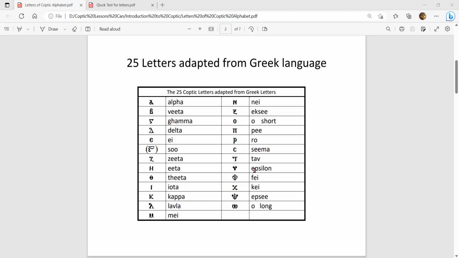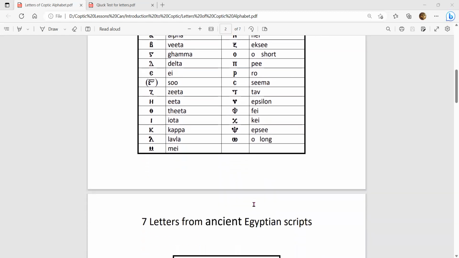Tav. Epsilon. Phi. Khi. Psi. And O long, or correctly saying, it is omega.